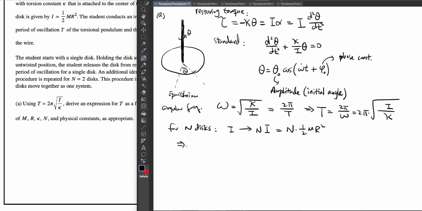And then the period T will be 2 pi square root n m r squared over 2 kappa. Okay, so that's the answer to question A.